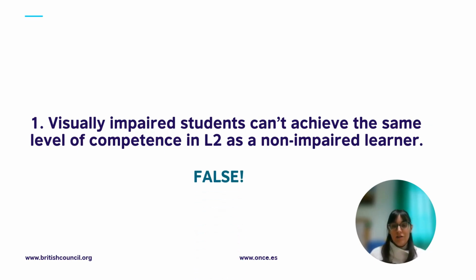They can achieve the same level of competence as non-impaired learners do. But what we have to evaluate is their mother tongue level, so we can ask them to achieve up to that level. So the thing is that we cannot ask for more than what they have achieved in their mother tongue, but they can achieve communicative competence.